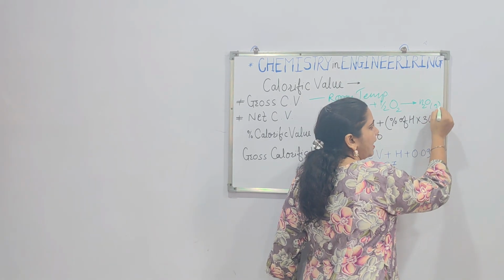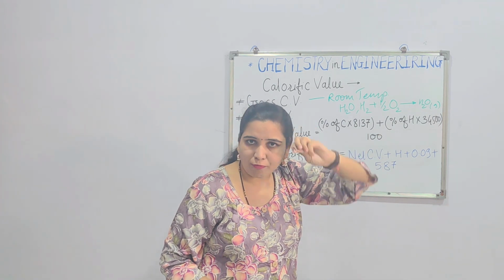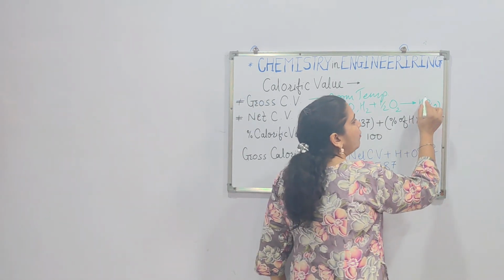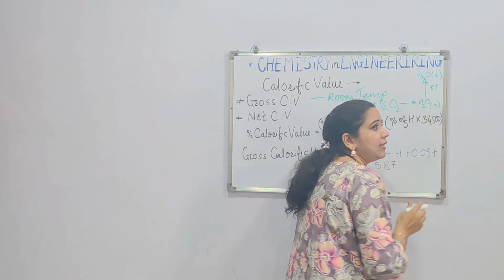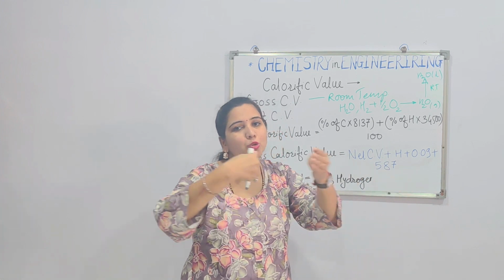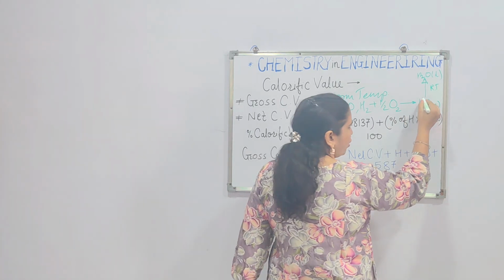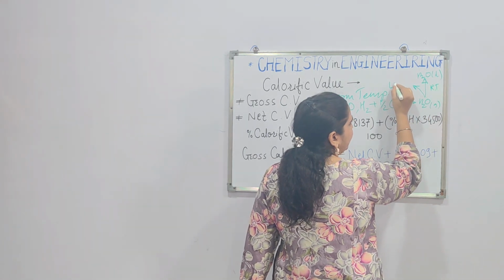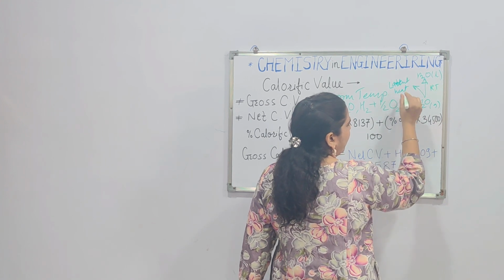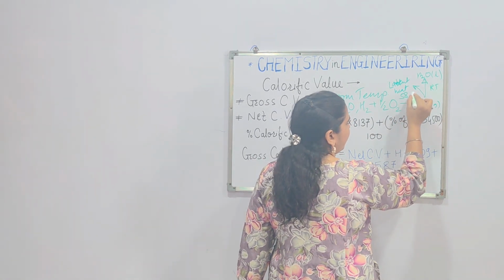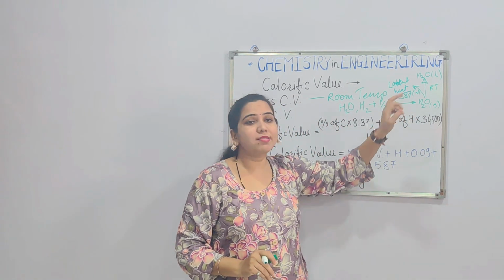But if the reaction is cooled down to room temperature, the gaseous water vapor is converted into liquid water. During the conversion of vapor into liquid water, there is evolution of energy, which is called the latent heat of condensation. For 1 mole of hydrogen, it is 587 calories.